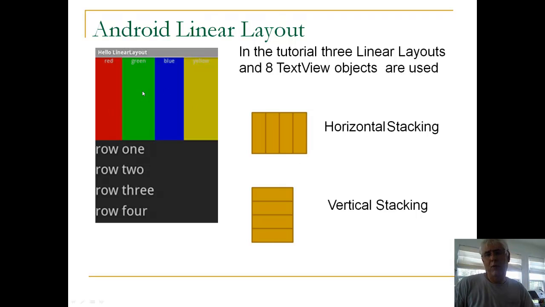Take a look at the top portion of this app, where you've got these bars: red, green, blue, yellow. This is a linear layout with horizontal stacking. Remember what we said about a linear layout. What is it? The elements are laid out horizontally in columns or vertically in rows. So horizontally in columns, here at the top, you've got 4 text view objects, and the text view color has been set red, green, blue, yellow, and it creates these bars.